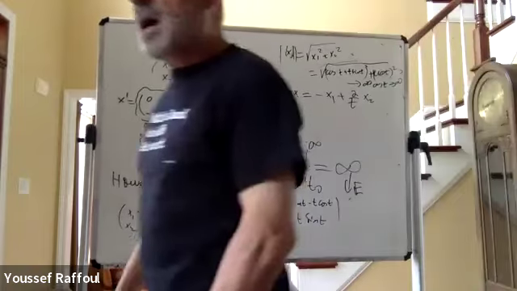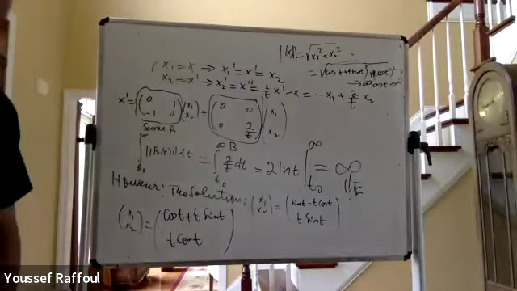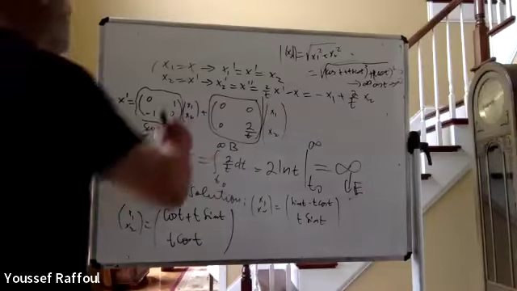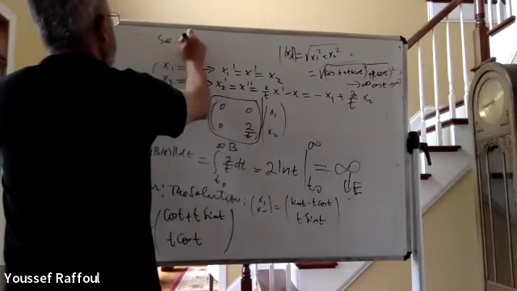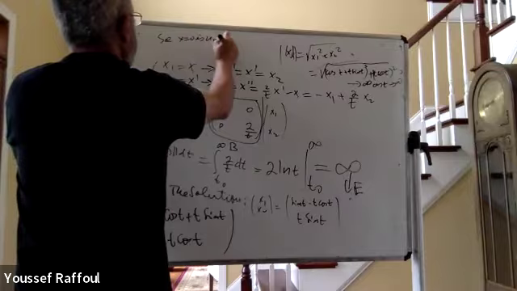So the solution is unbounded, and therefore the zero solution is unstable. So x equals 0 is unstable.